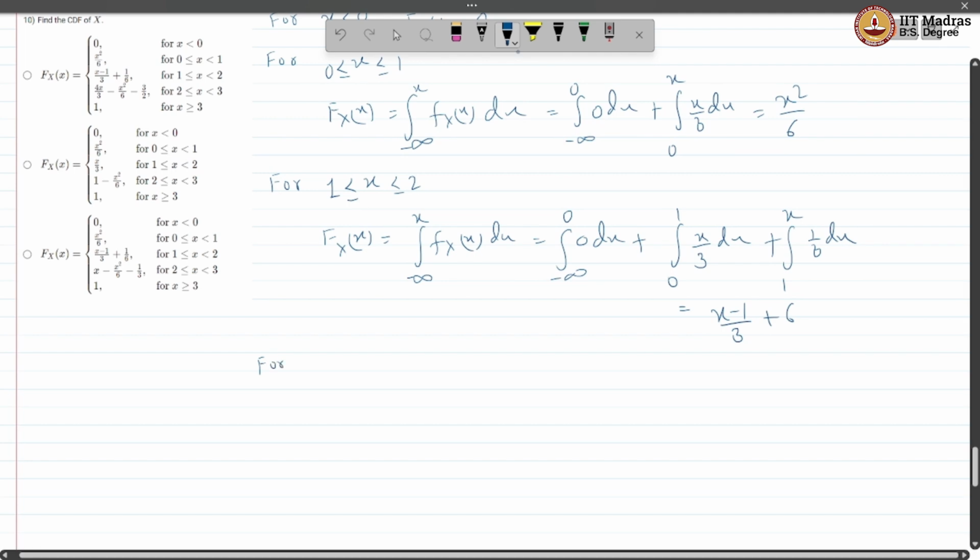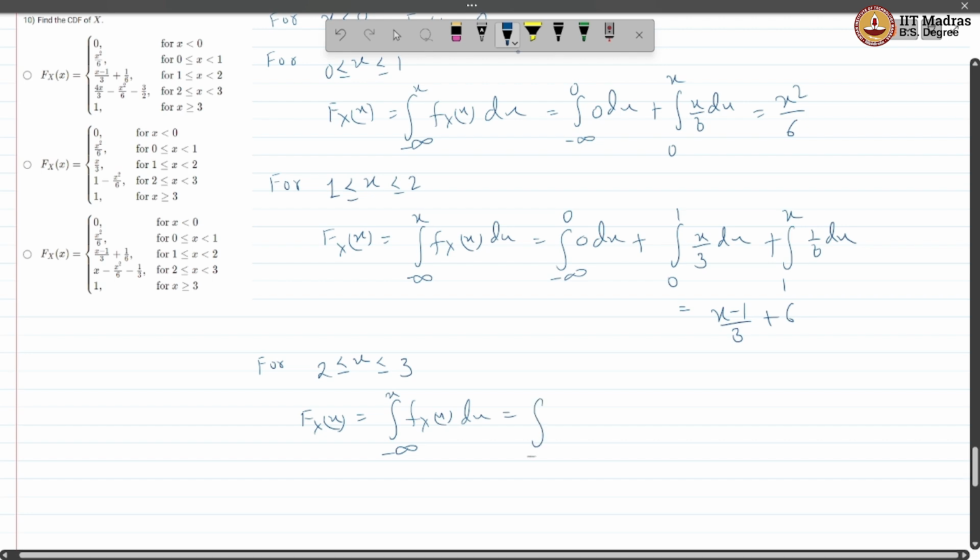For the interval where x is greater than or equal to 2 and less than or equal to 3, the CDF will be equal to the integration of the PDF from minus infinity to x, where x is between 2 and 3.